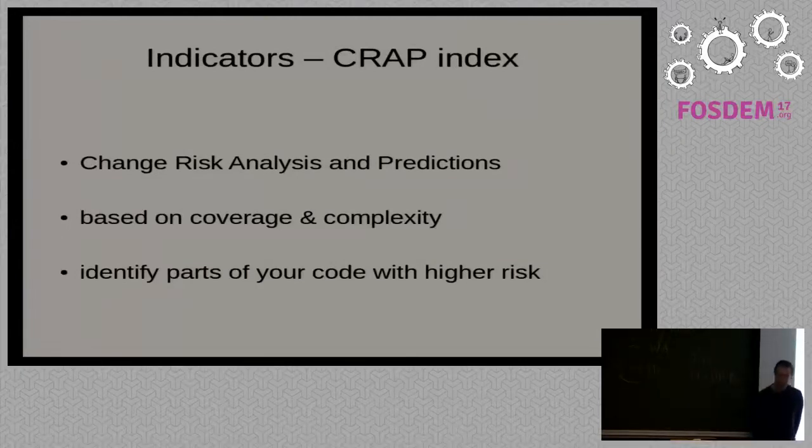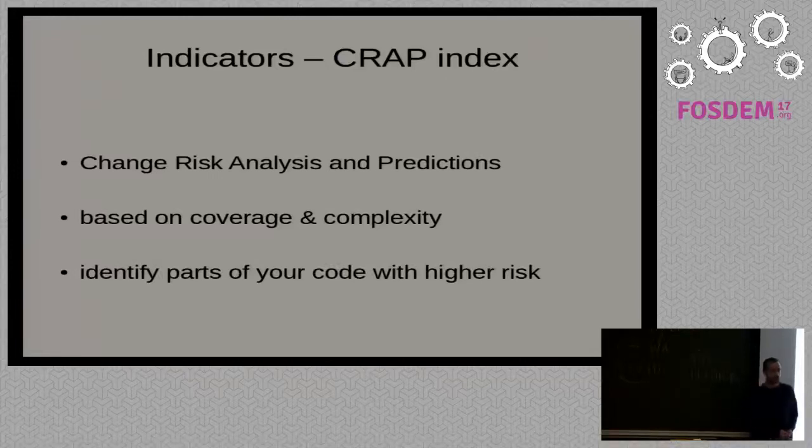And CRAP index, it's an indicator you can use. CRAP index is a change risk analysis and prediction index. It's based on coverage and complexity. It's linear with cyclomatic complexity. So if you take a method, if it has a high CRAP index, it means it's a really big risk for your project. So low coverage and high complexity.